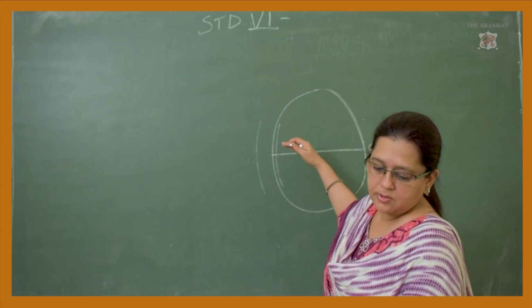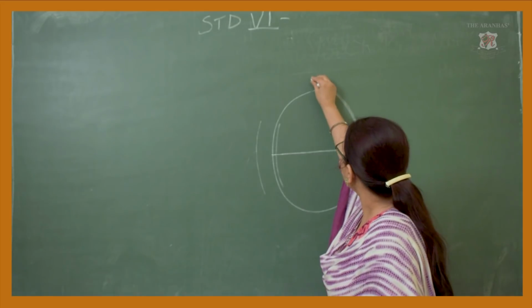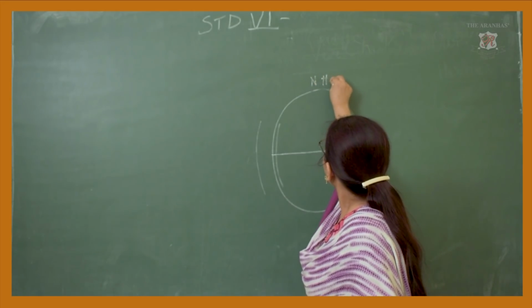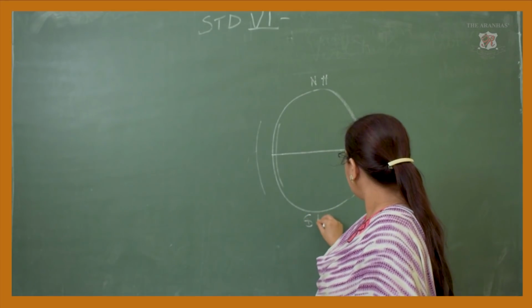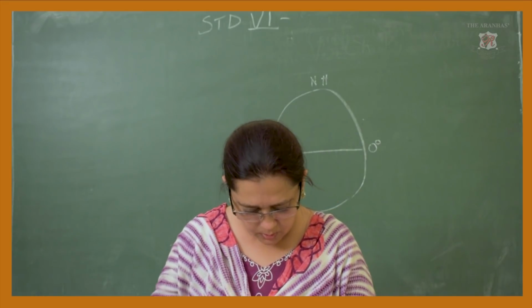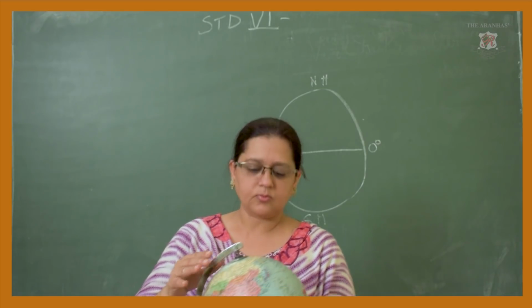The equator bisects the earth into two, this is the northern hemisphere and this is the southern hemisphere.